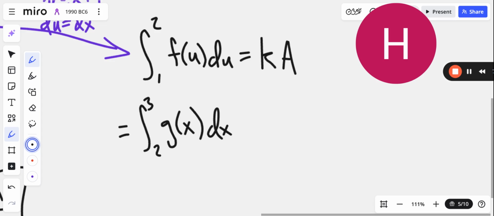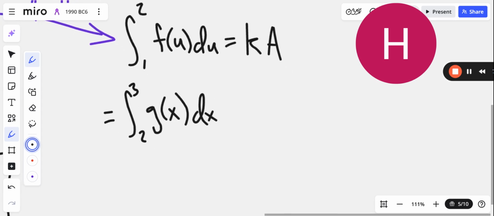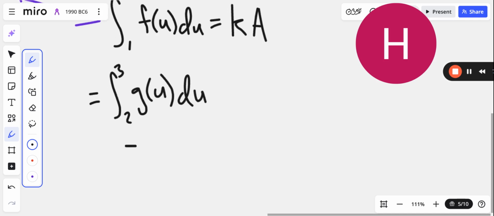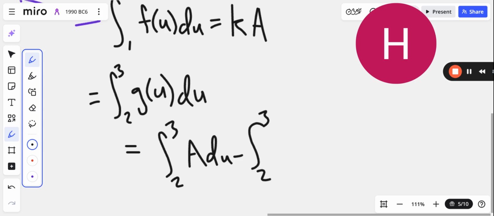I think it should technically be g of u du, but same. Let's change it just because the math part of my brain says you can't do that. So this is equivalent to the integral from 2 to 3 of a minus the integral from 2 to 3 of f of u du.